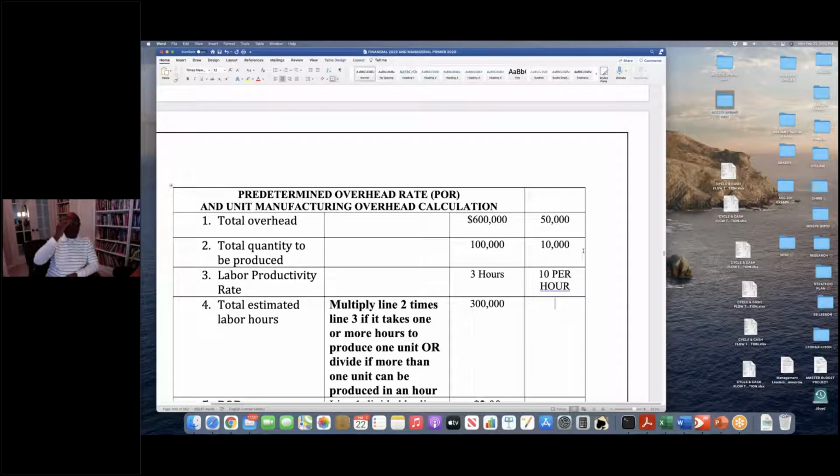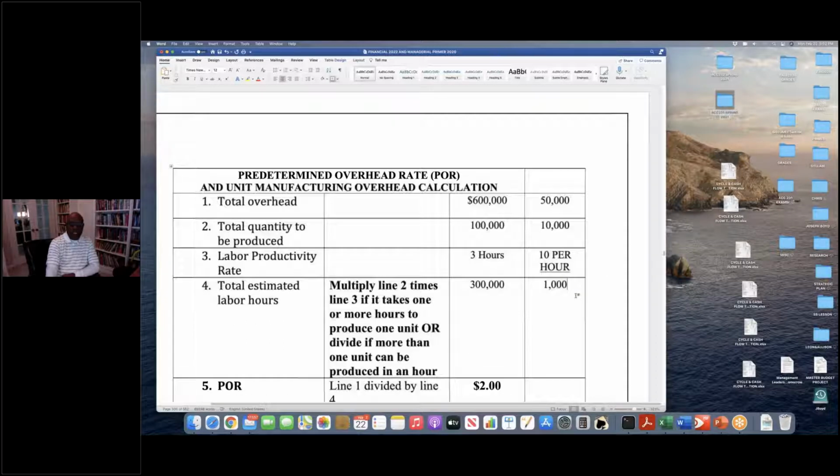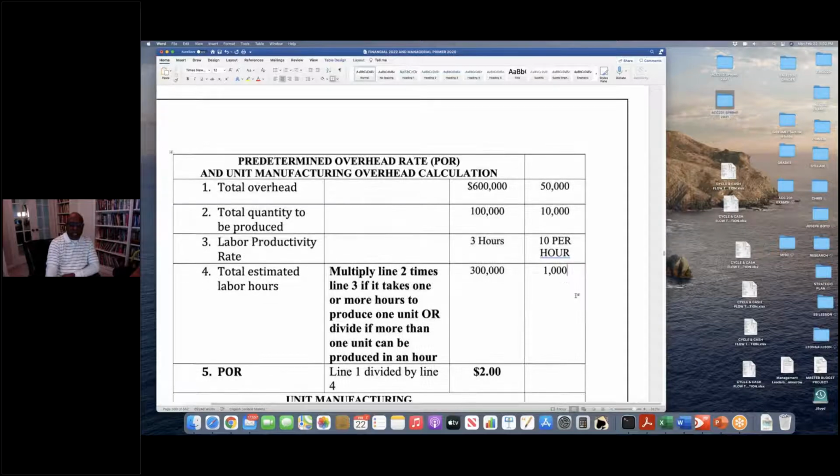If you were hiring people to make 10,000 items, and they make 10 per hour, how many hours would you want them to work? This is where we divide, right? So it's 10,000 divided by 10, which is 1,000. So the estimated labor hours is 1,000.